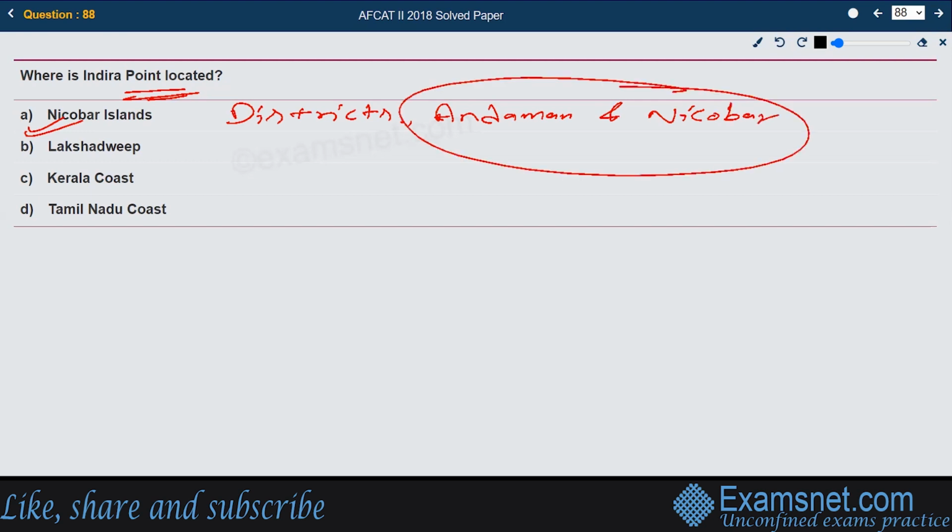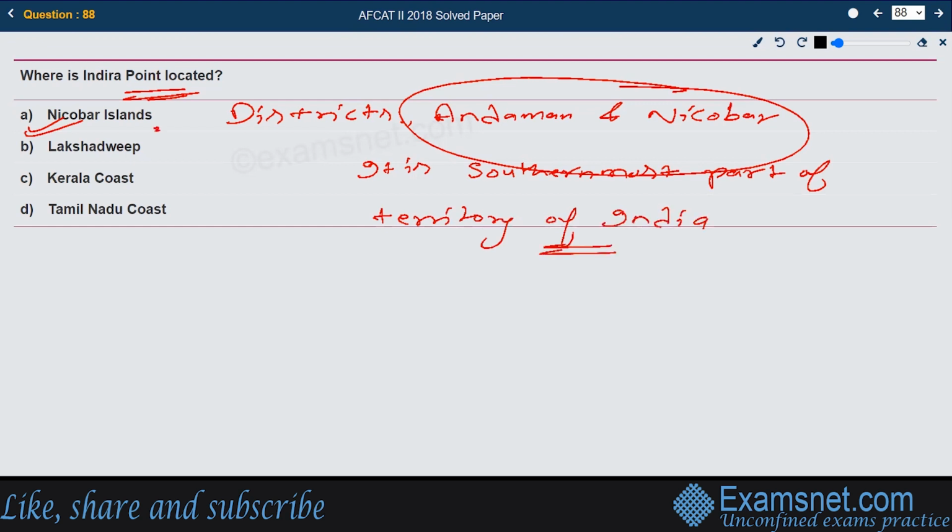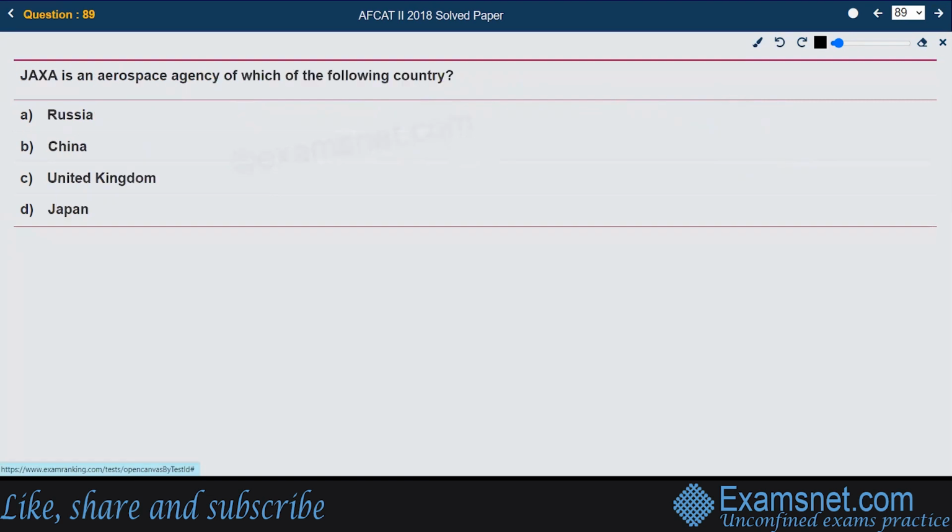This particular location is the southernmost part of the territory of India. That is where Indira Point is located.